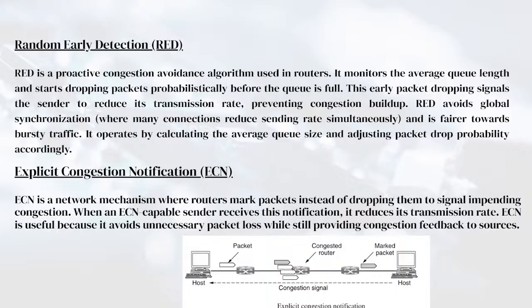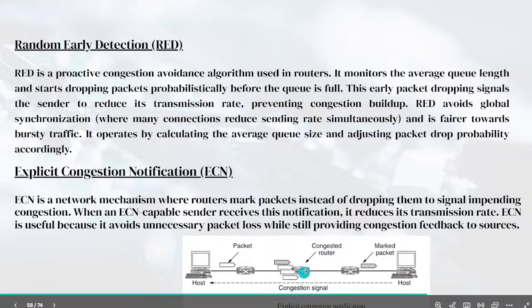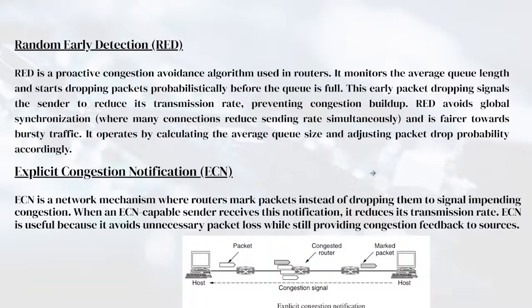Okay, so again, if we talk in detail about explicit congestion notification, we can say this allows the router to signal impending network congestion to endpoints by marking the packet. Okay, mark the packet instead of dropping them.